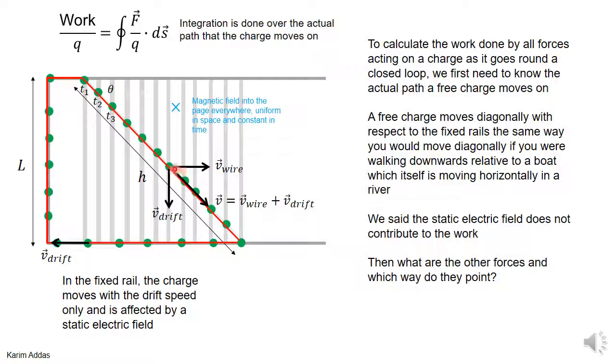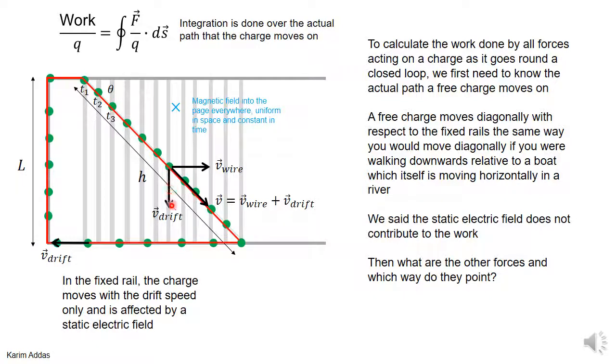Why? Because the rod itself is moving to the right with a velocity v wire, but the charge is moving relative to the rod with a drift speed, v drift. This is exactly the same as, for instance, if you're moving on a boat in a river. The velocity of the boat is v wire, the whole boat is moving to the right, but then you're moving relative to the boat downwards with a certain speed.